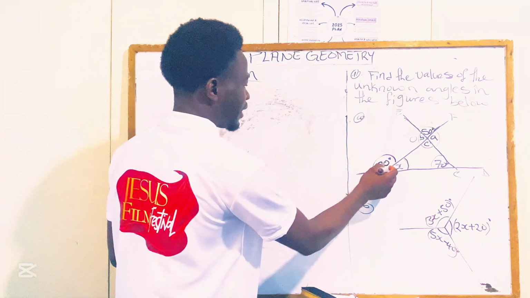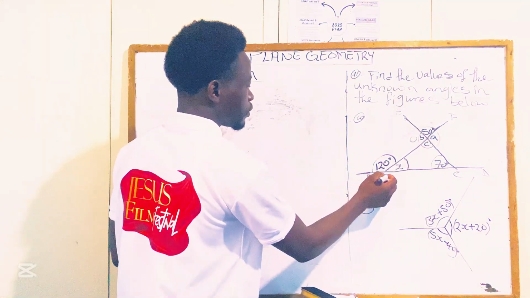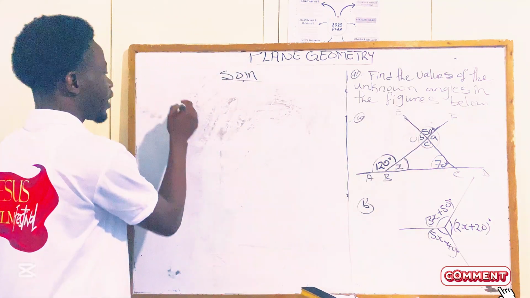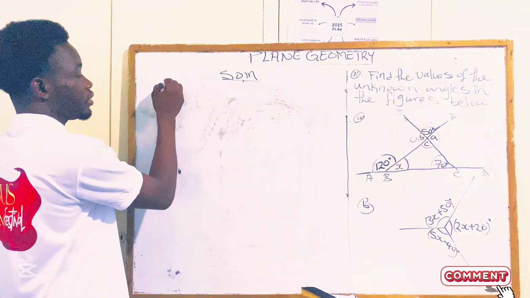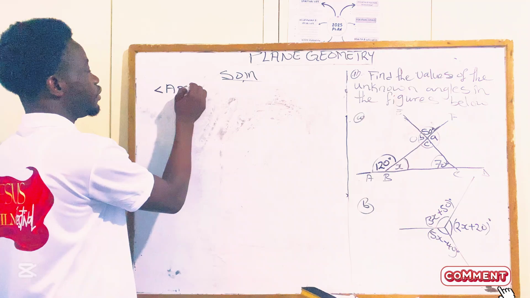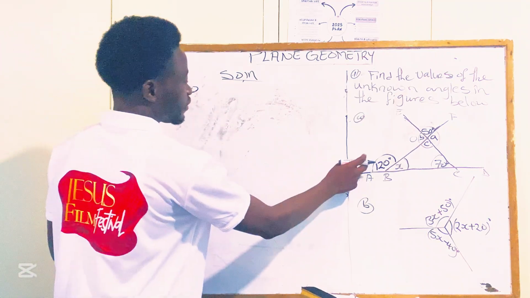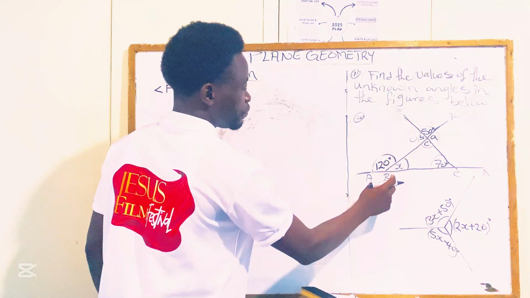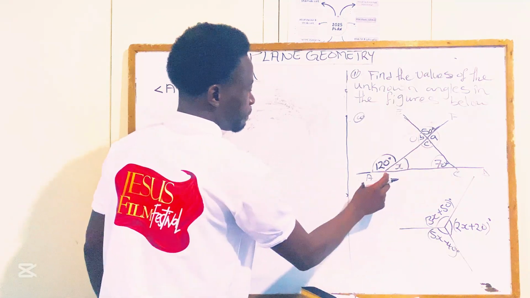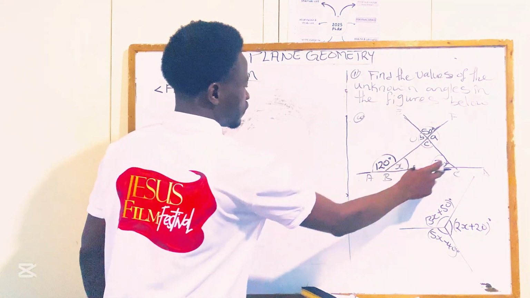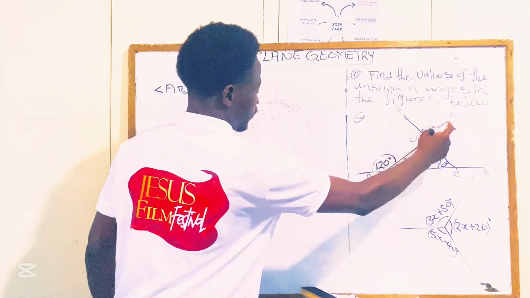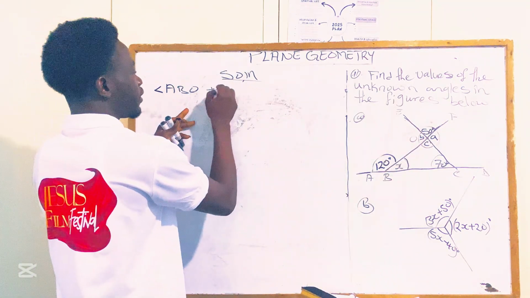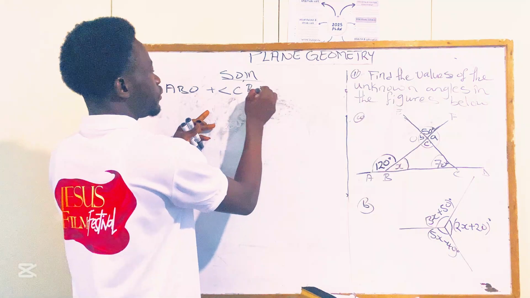So this angle here can be written as angle ABO. The center is O. So I have angle ABO, that's this angle, plus this angle here, that's X, which would be angle CBO.